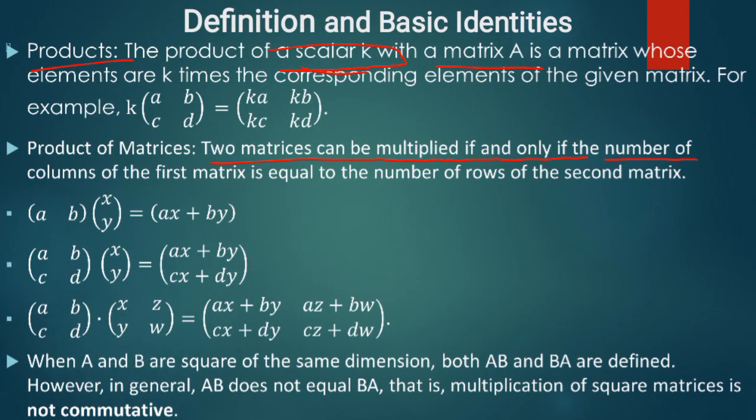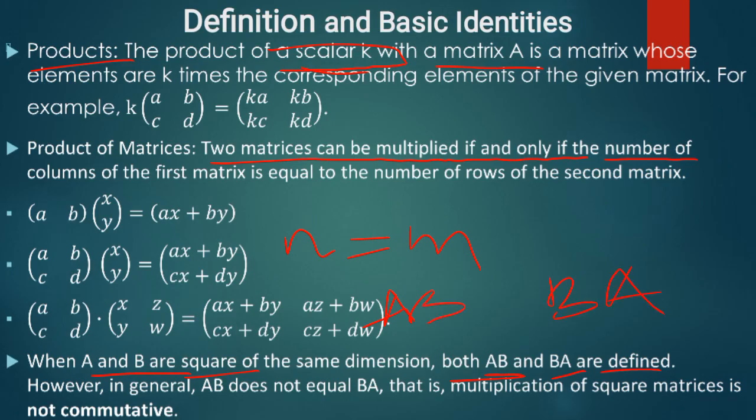So let's continue. Now we say the possibility of multiplying is true, but when we have A and B that are square, you understand what we mean by square matrix, meaning that n equals m, the number of rows and columns are the same dimension. Both A and B multiplying, AB and BA, are defined. You can have AB and you can have BA.